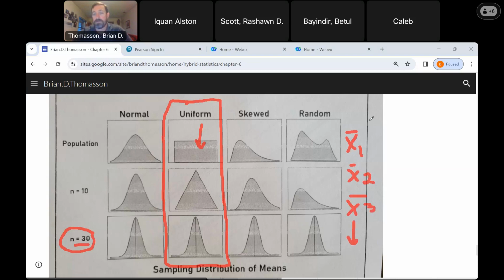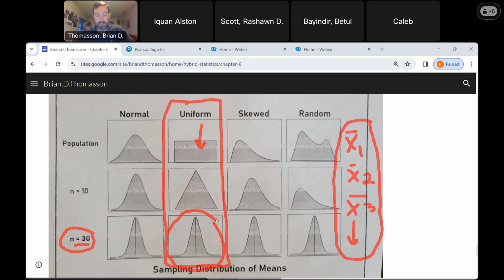So we have this whole set of means. Now, if we look at all these means and we build a distribution around those means, like a histogram or dot plot or whatever it may be, that's going to look like this bottom distribution.